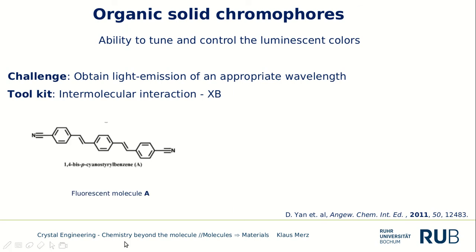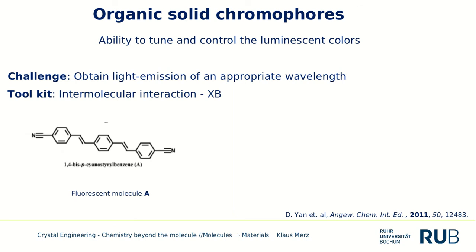This is the molecule, the fluorescent molecule. Have a look here with π systems of conjugated, yes, π units here, aromatic units. And on both sides we have a cyano group.